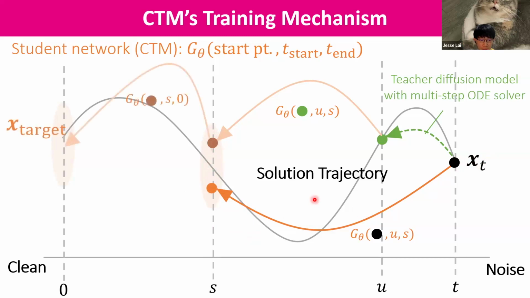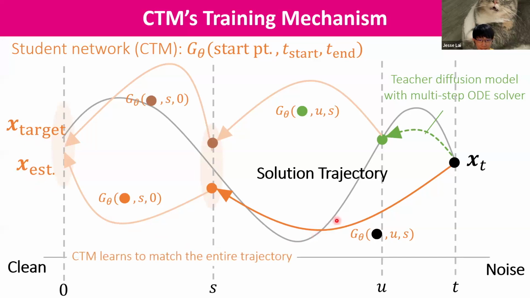But we found that in order to get perceptually better samples, it is good to pull it back again to the very clean sample, which is at time 0, and get the x target and the estimation. All right, so far so good.